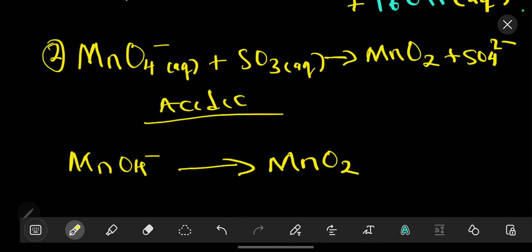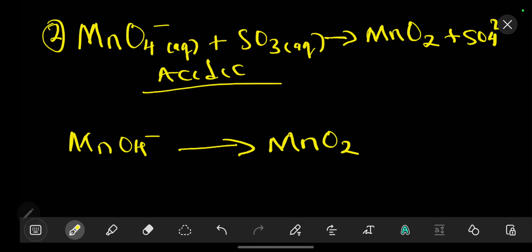Now this one is our reduction, since we can tell that oxygen has been removed. We are moving from 4 oxygens to 2 oxygens. That means it is reduction.